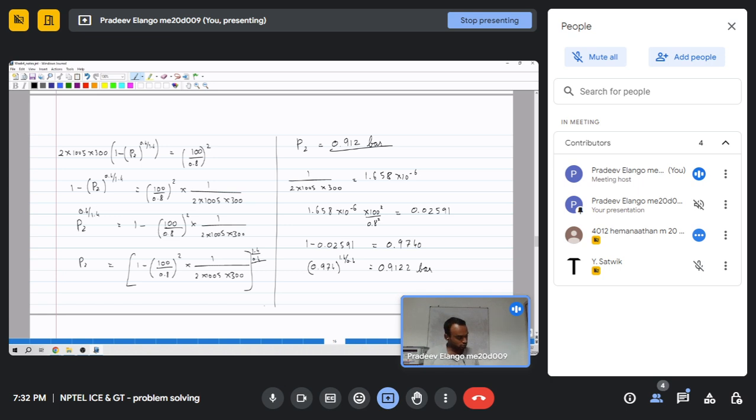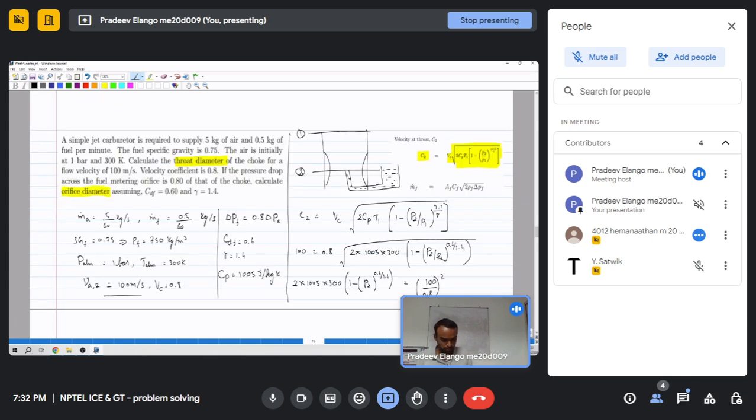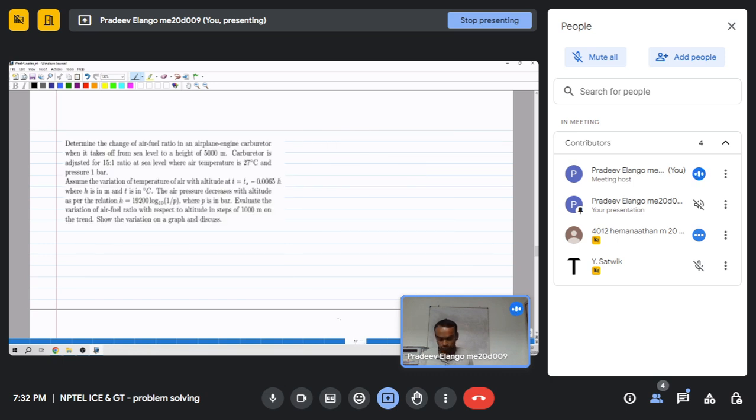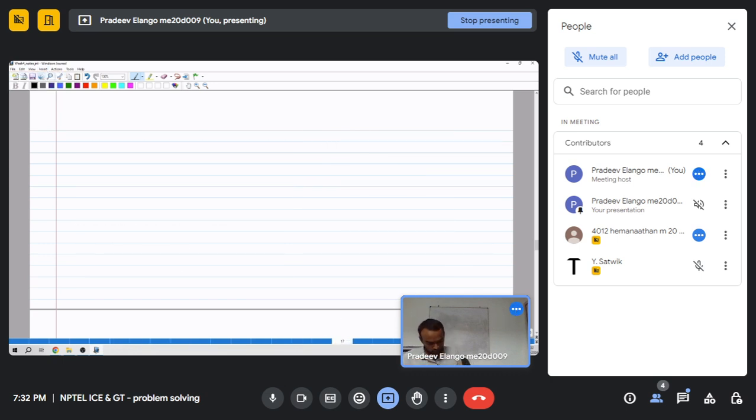Anyway, so we got 0.9122 bar for the pressure at the throat region, right? Now basically we have both the m dot a and m dot f. So we know m dot is rho a v.